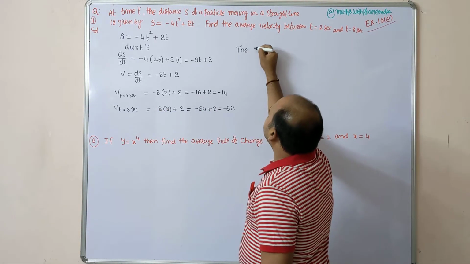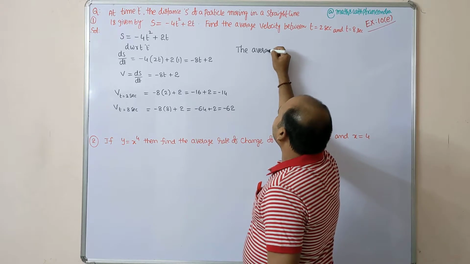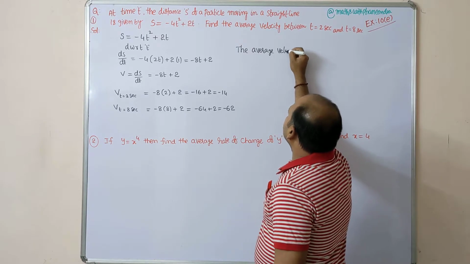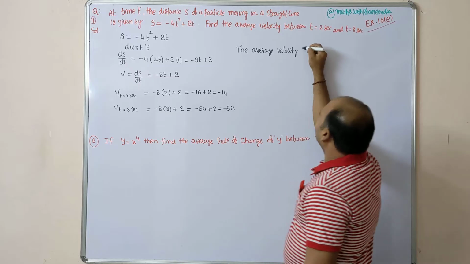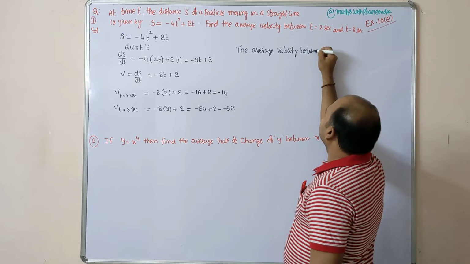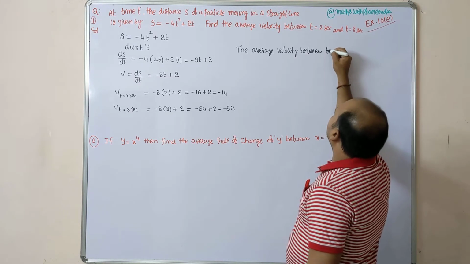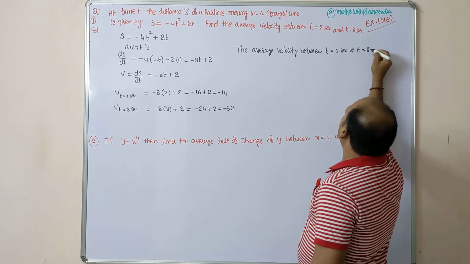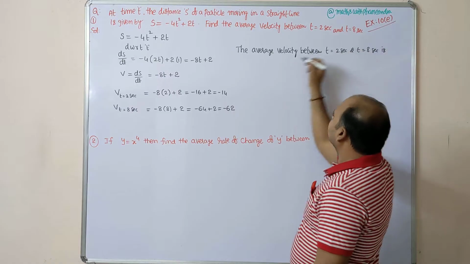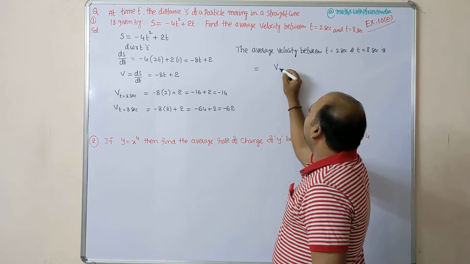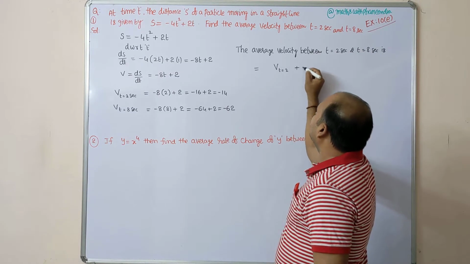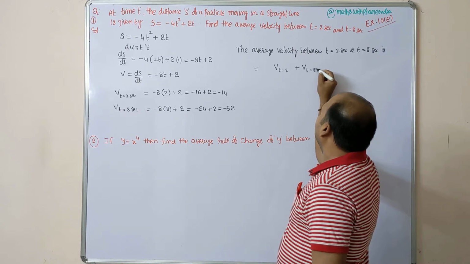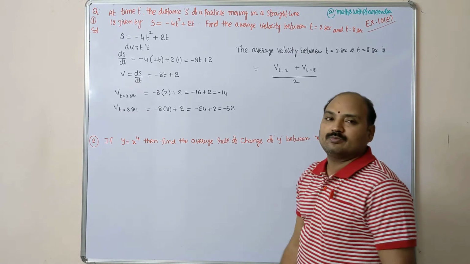That is v at t equal to 2 plus v at t equal to 8, divided by 2.